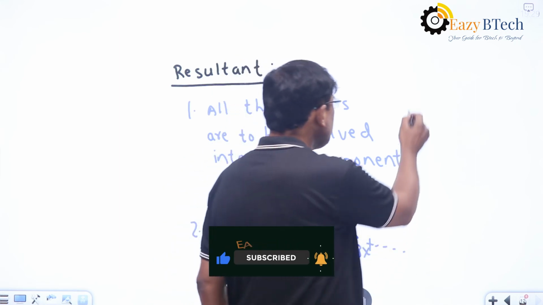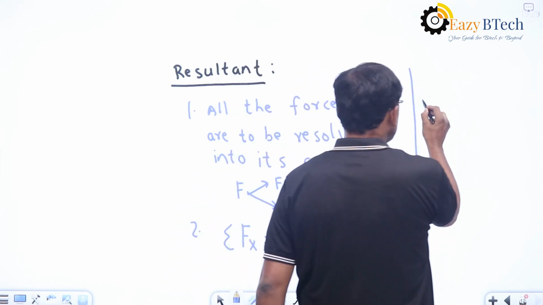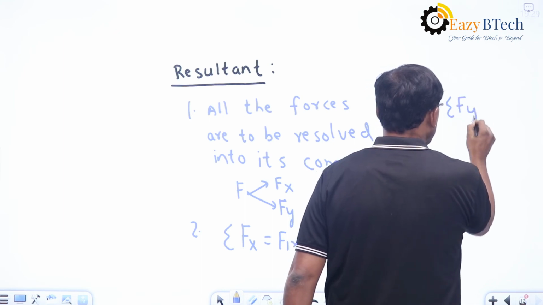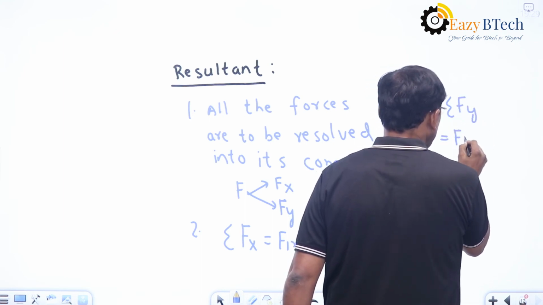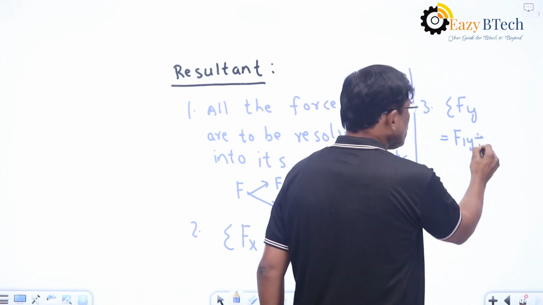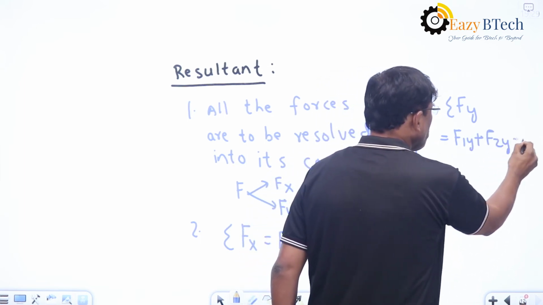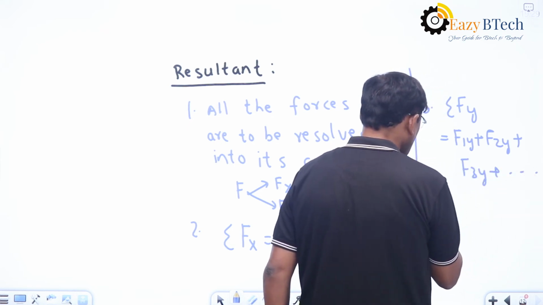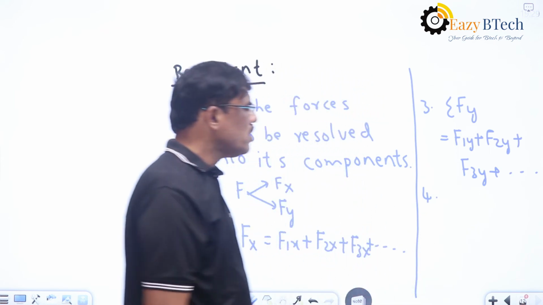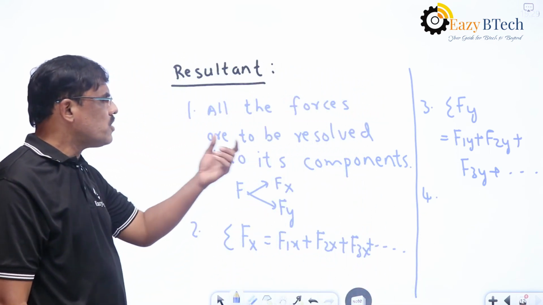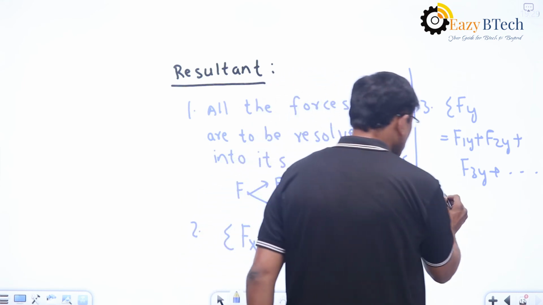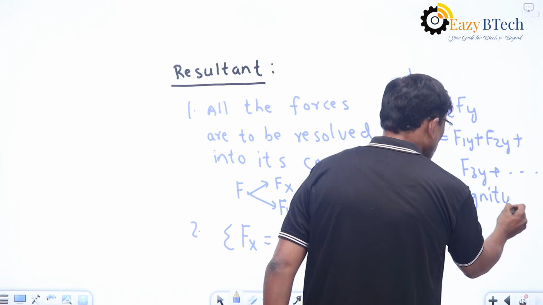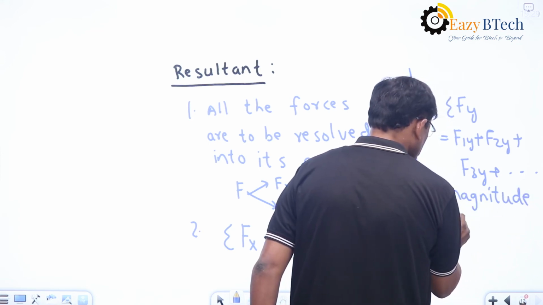And the third thing is, we should also find the algebraic sum of the y components. This becomes F1y plus F2y plus F3y and so on. And the fourth one is, once you know sigma Fx and sigma Fy, you can find the magnitude of the resultant.